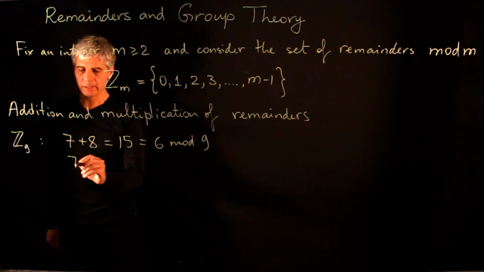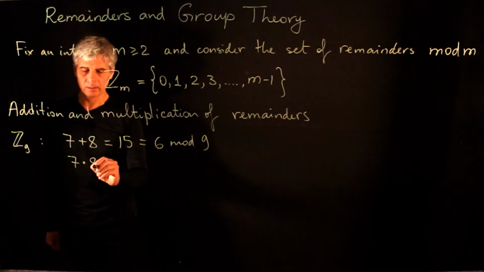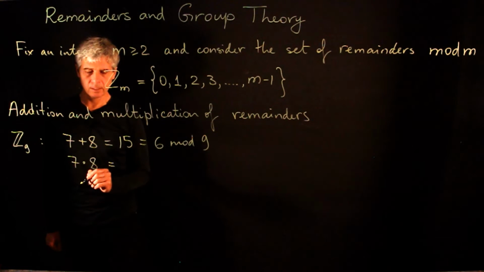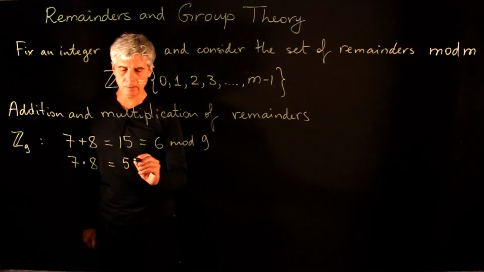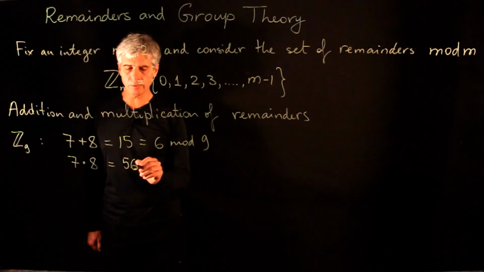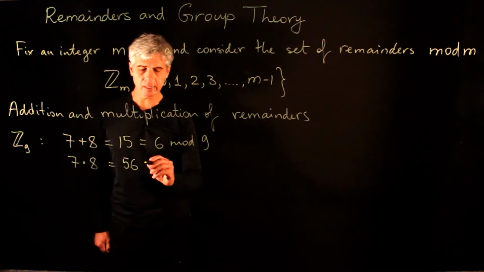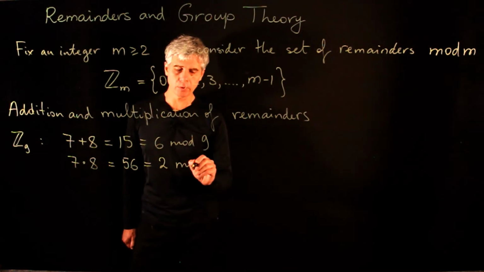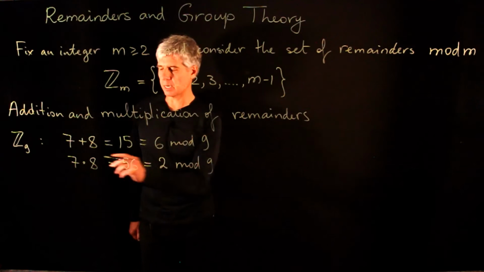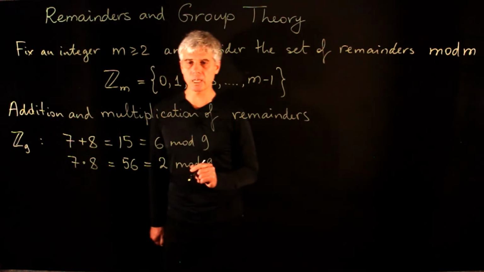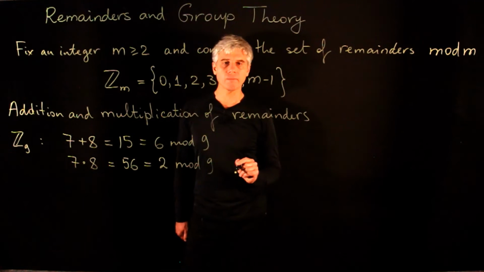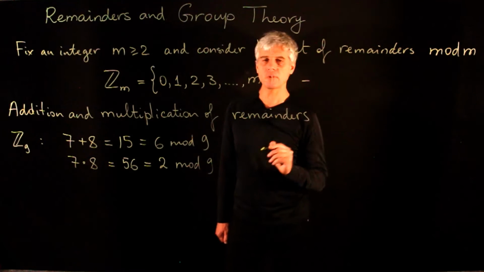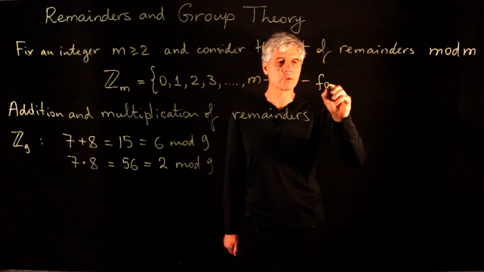And 7 times 8 is 56, but 54 is divisible by 9, so if we subtract 54, we get 2 mod 9. So this is how addition and multiplication of remainders work. And so we say that the set of remainders forms a ring.